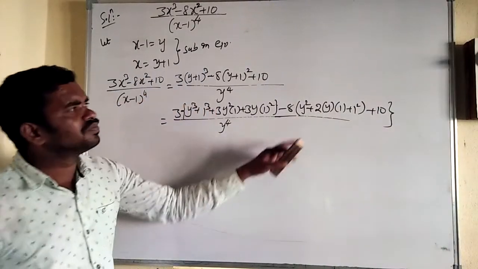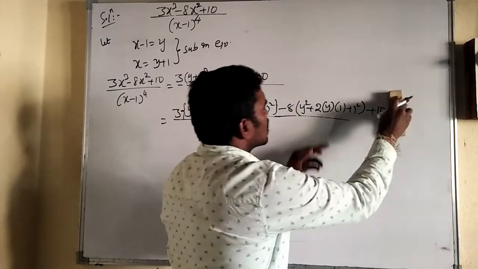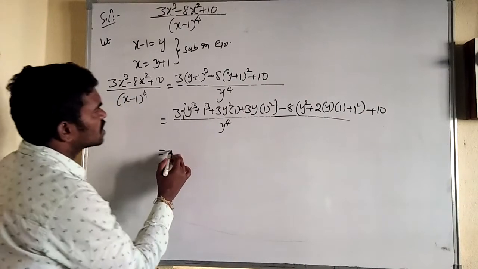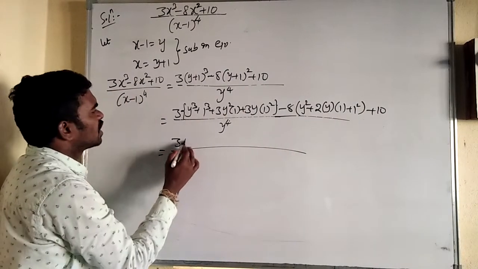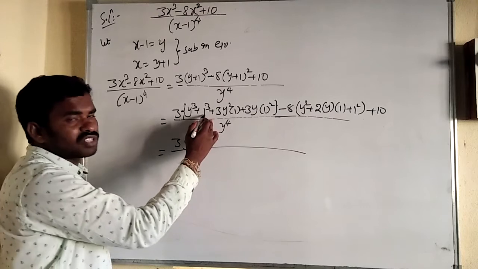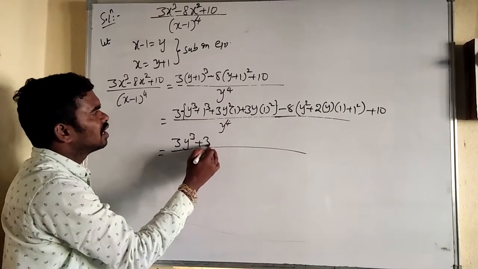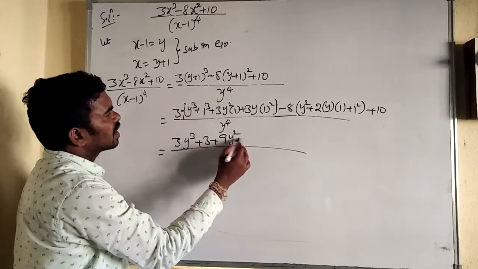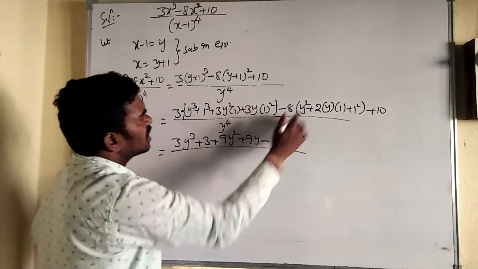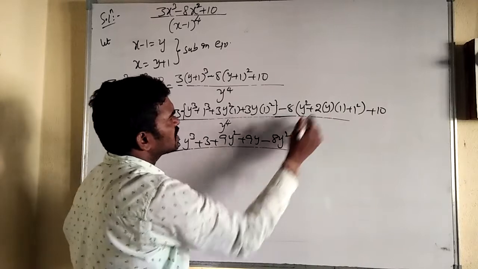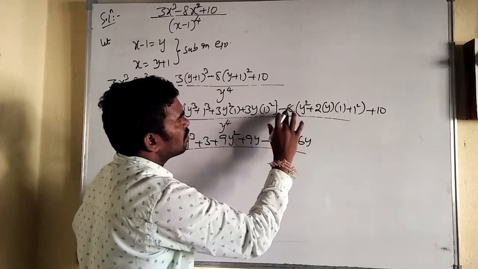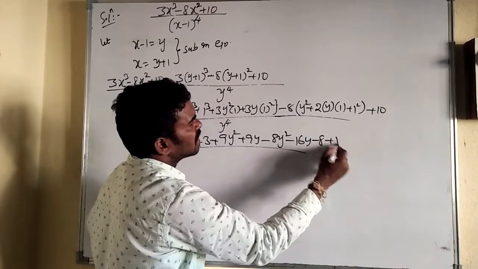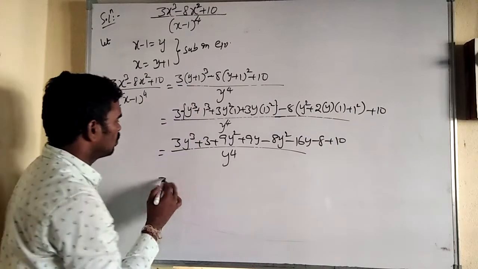Or you can write a square plus b square plus 2ab also. So which is equal to 3 into y cube, 3y cube, 3 into 1 cube is 1, 3 into 1, 3, 3 into 3, 9y square, 3 into 3, 9y, minus 8 into y square, 8y square, minus 8 into 2, minus 16y, minus 8 into plus 1, minus 8, plus 10, by y power 4.